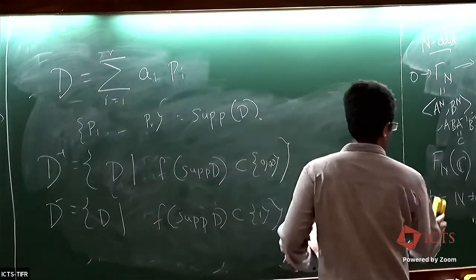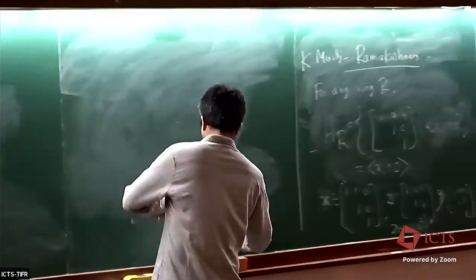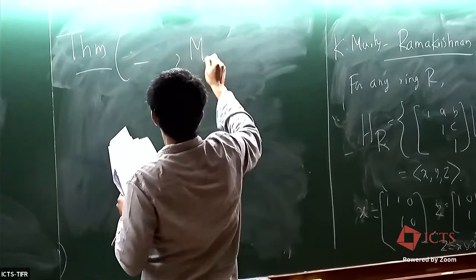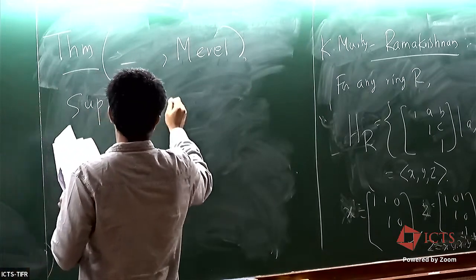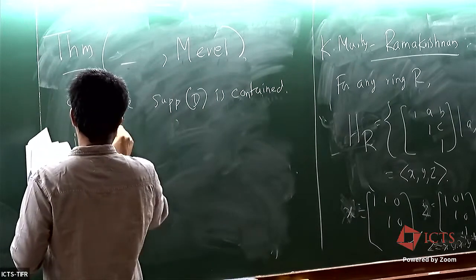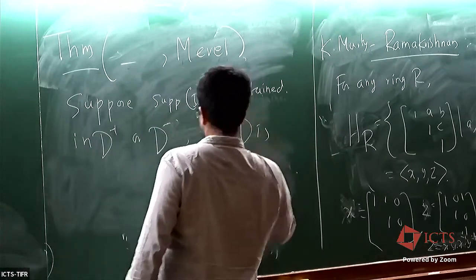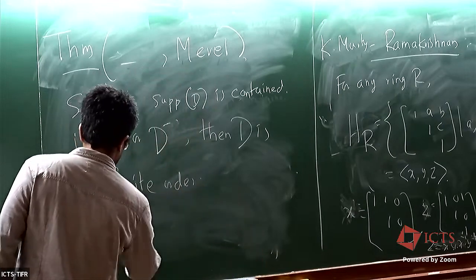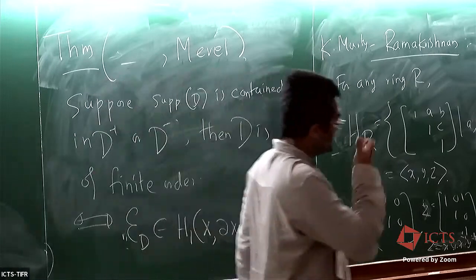Okay, so for the theorem, which is roughly true: suppose the support of D is contained in D plus or D minus, then D is of finite order if and only if the Eisenstein elements, which a priori are in R, have rational coefficients.